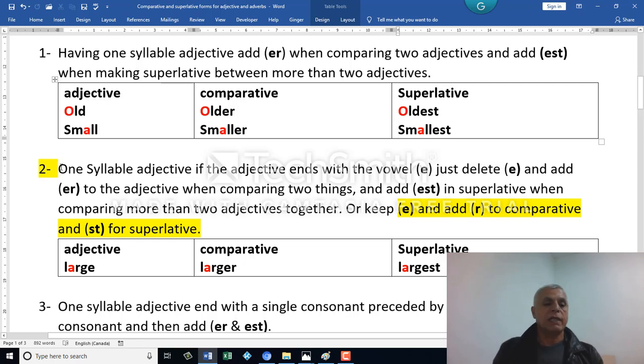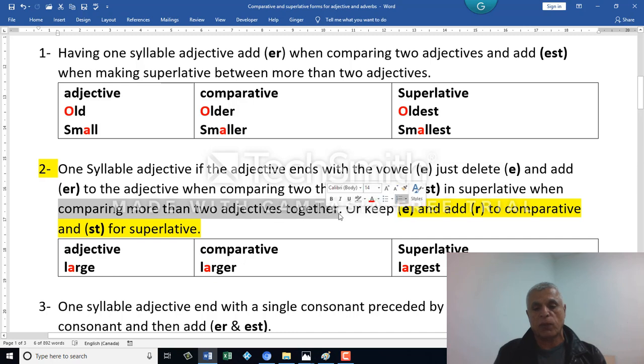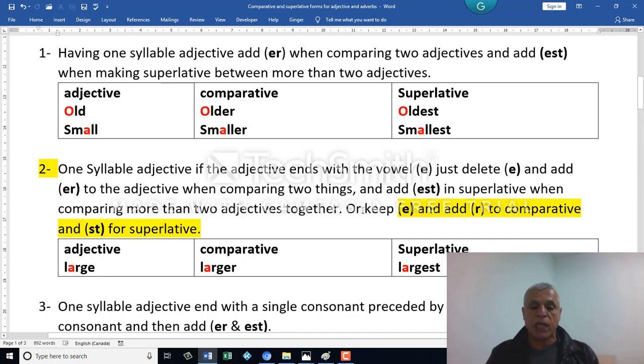When we have a one syllable adjective, if the adjective ends with the vowel e, just delete the e, sometimes we say, and add er to the adjective when comparing two things, and add est in the superlative when comparing more than two adjectives together. Or we could say in another way, keep the e and add r to the comparative and st to the superlative.